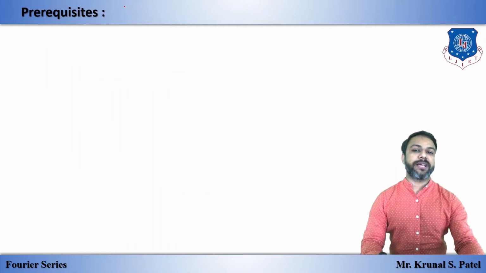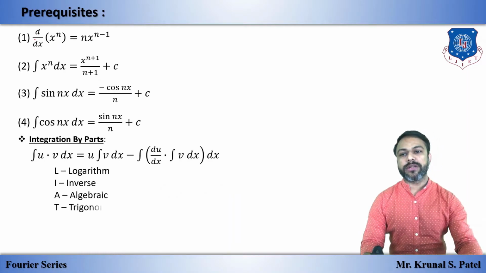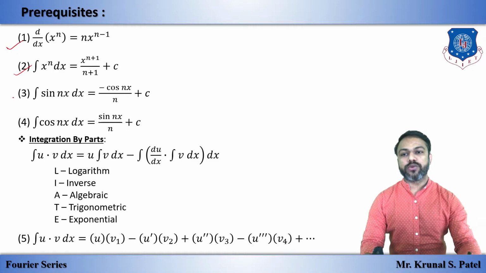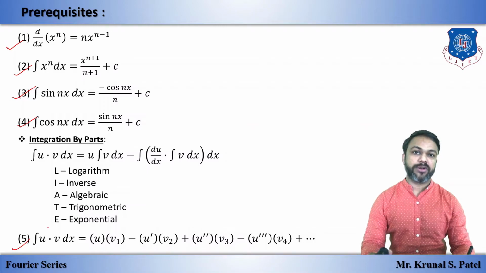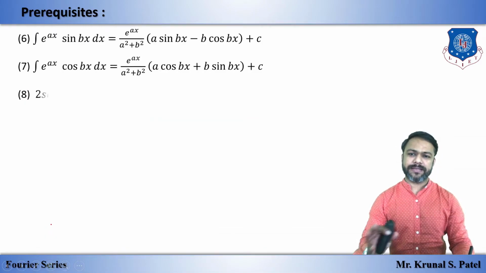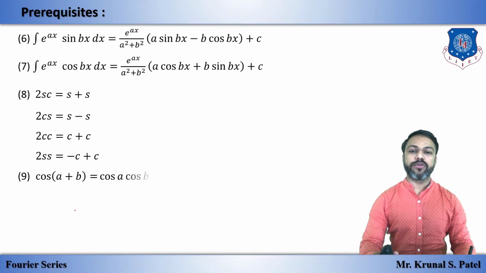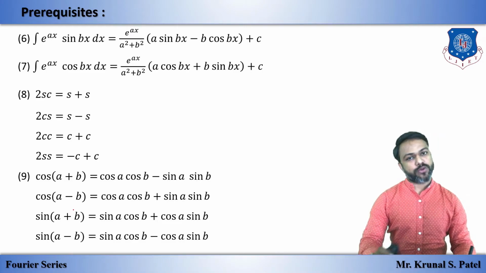Okay, so we have the prerequisite formulas as we have discussed, and as I told, formulas 1, 2, 3, 4 and 5 are most important, because we use them in each and every example. These are the formulas for the function e raised to x, sine and cos x.